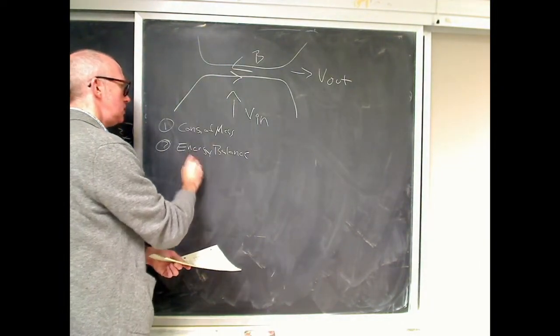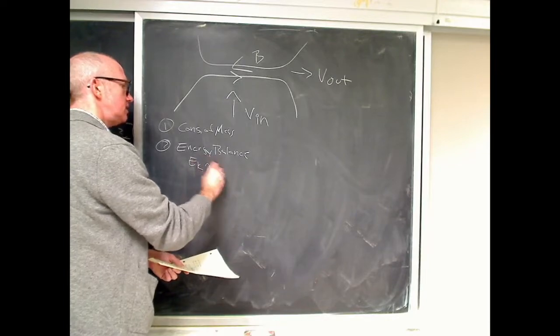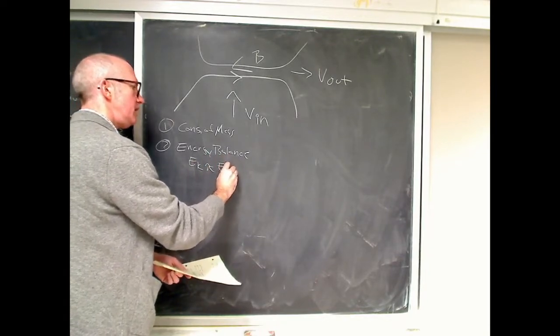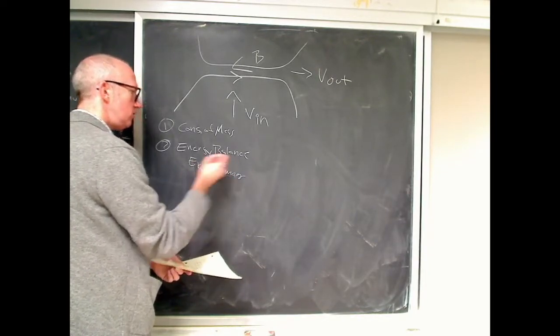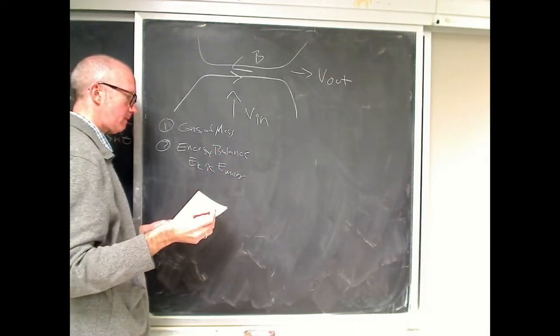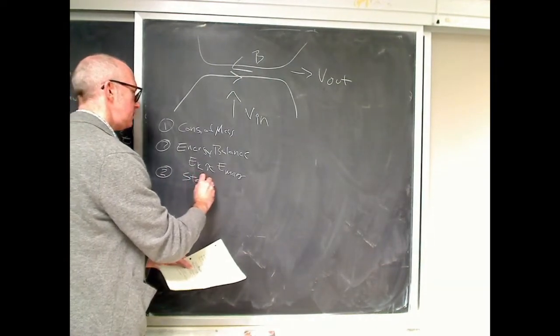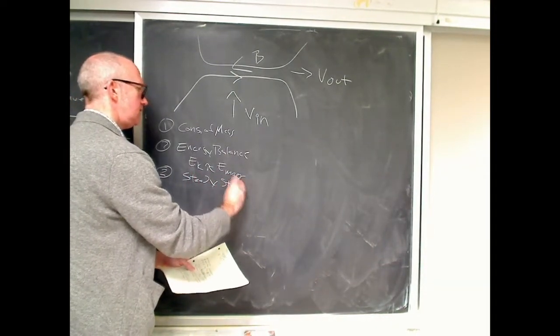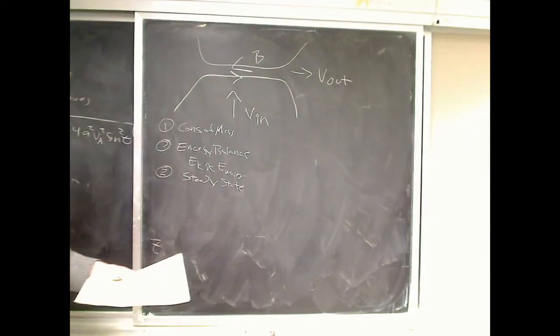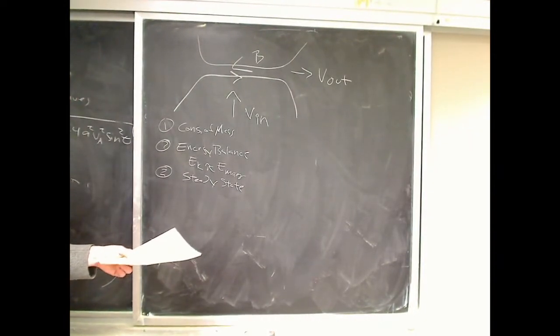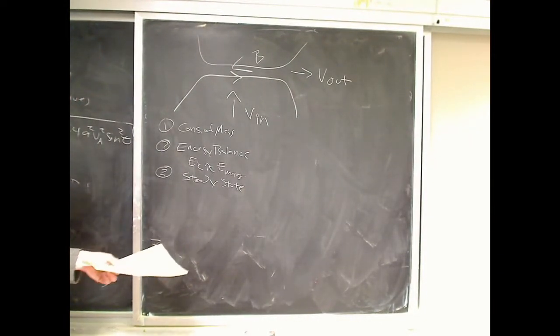So the kinetic energy has got to roughly be equal to the magnetic energy out. And 3, we're going to assume we're in some kind of steady state, which is often a bad assumption, and here is a really bad assumption, but we're going to do it anyway because that's what was done before us.